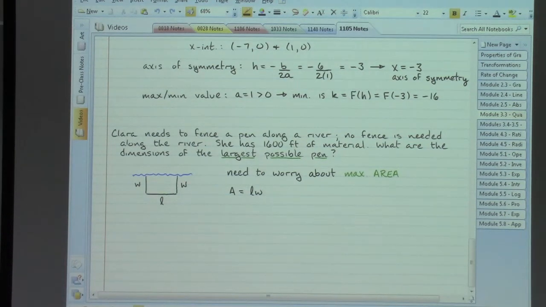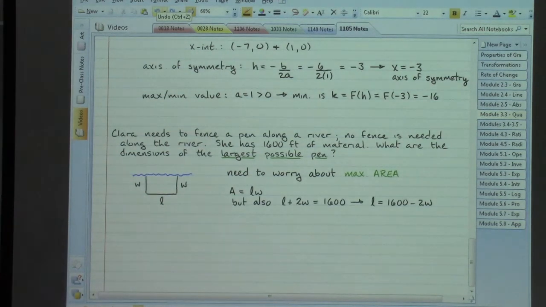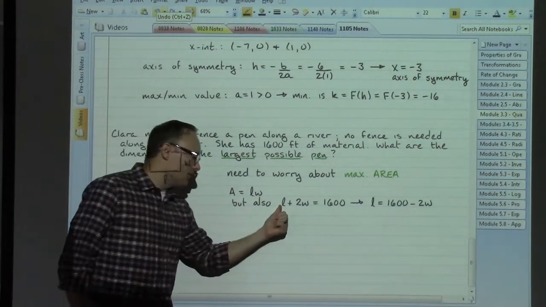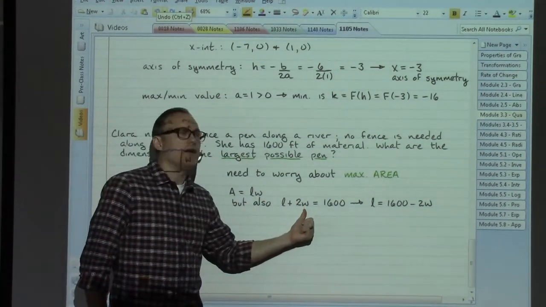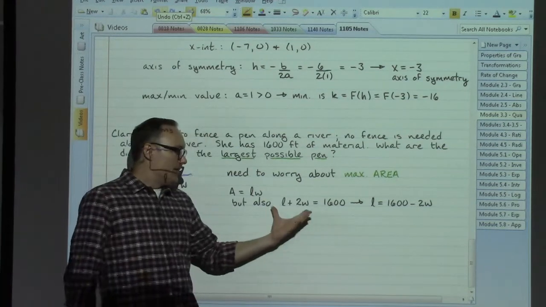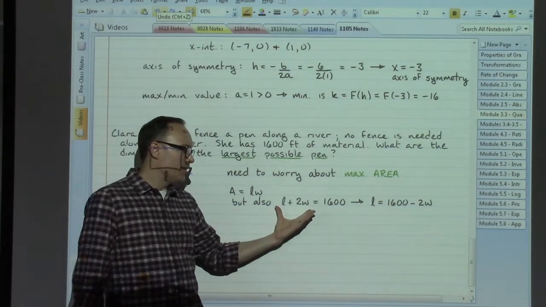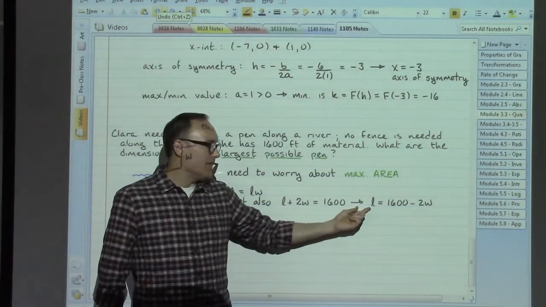We have to use all of it in order for this enclosure to end up having the maximum area. So we've got to use all 1,600 feet between our length and our width and our other width. This is most quickly rearranged to give us L equals.